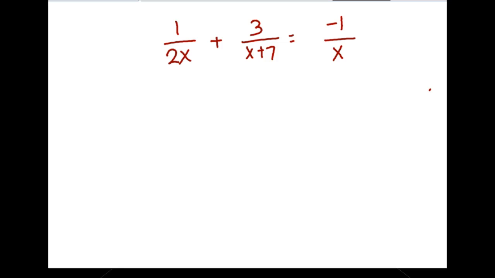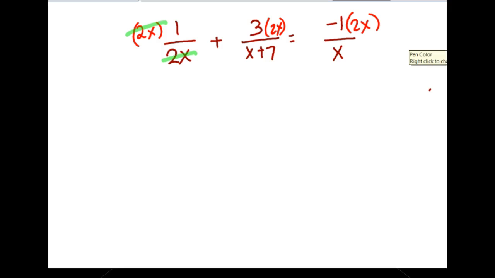What are you going to multiply by? So I'm going to multiply this by 2x, and this by 2x, and this by 2x. Okay, and so the reason I multiply by 2x is so that this will cancel.